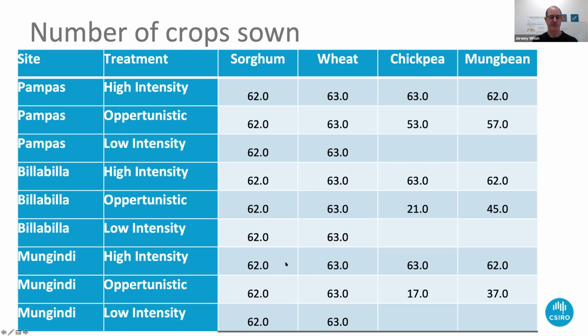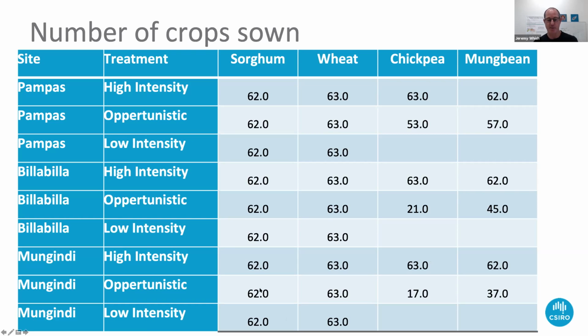So how many crops were there? If we look at this, this is where we planted every year. So you can see there's about 62, 63 crops planted in my simulation runs. The reason there's so many is we ran the simulation for 63 years, so we had a crop every year in those situations.